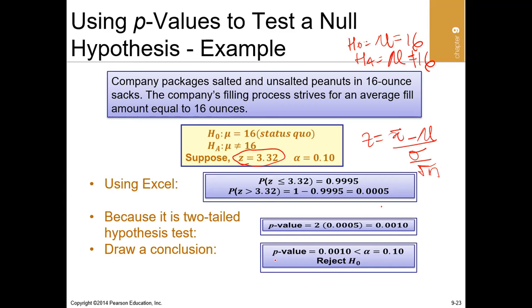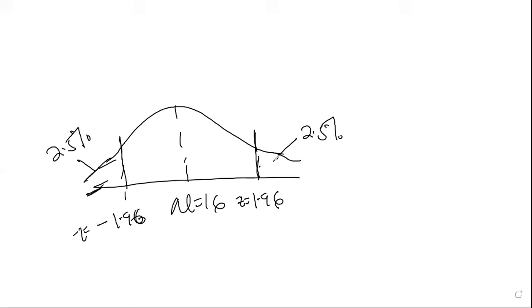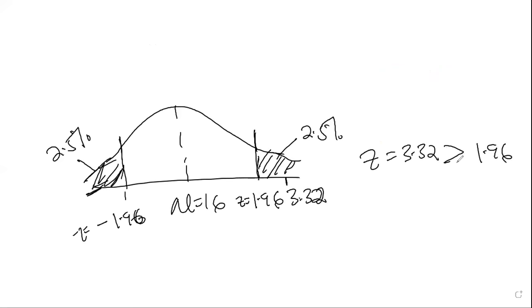Because it is two-tailed, 3.32 will fall somewhere here. It will be more than 1.96. So the z-value of 3.32 is greater than the 1.96 here. So we will reject the null hypothesis because it is falling in the rejection range. That would have been the z-value approach.